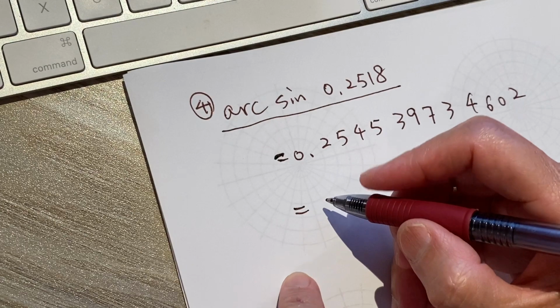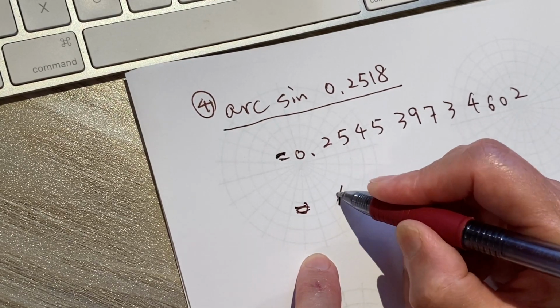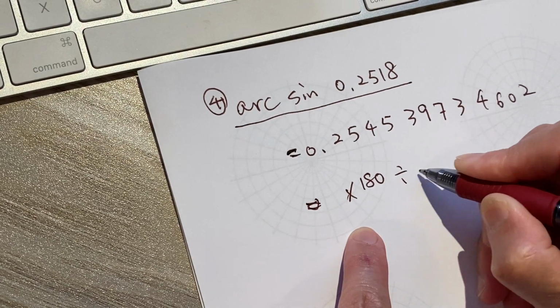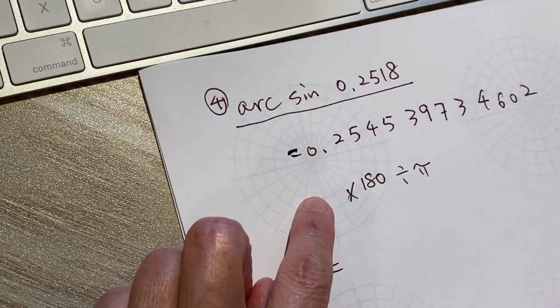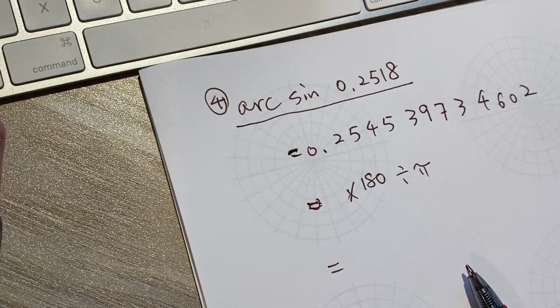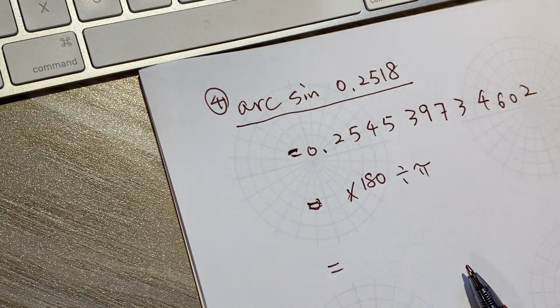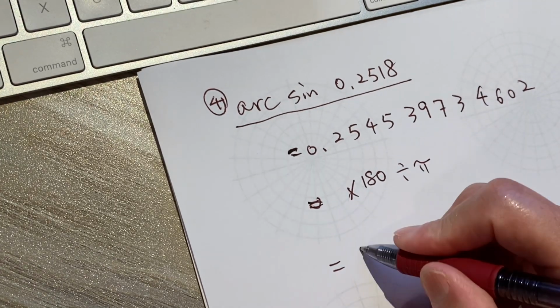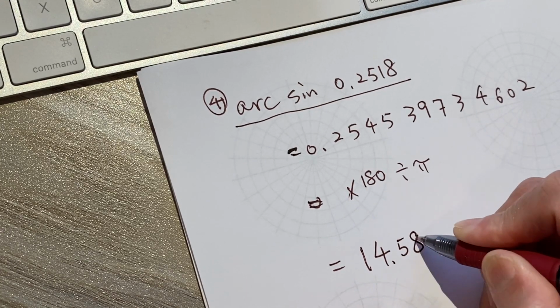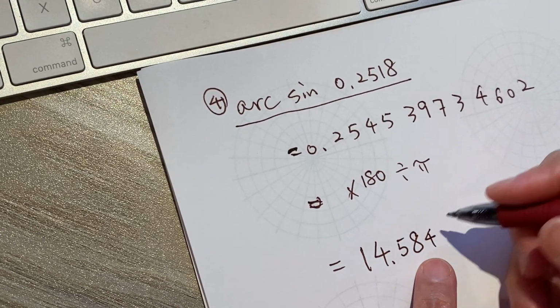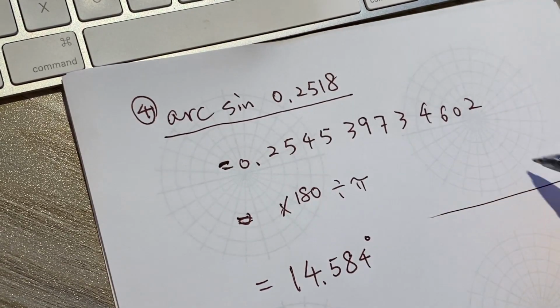To change into degrees, it will be this number times 180 divided by pi. Give me 1 minute. Times 180 divided by pi, which is 14.584 degree.